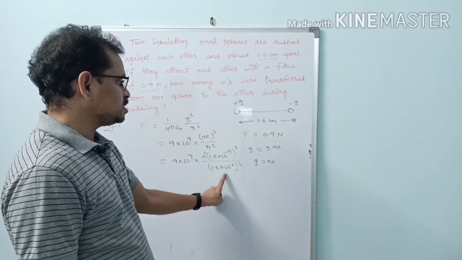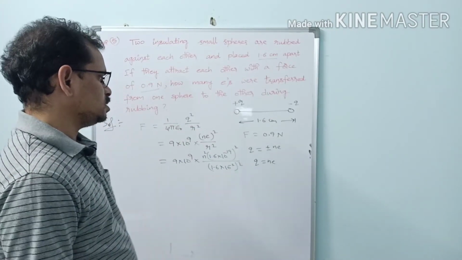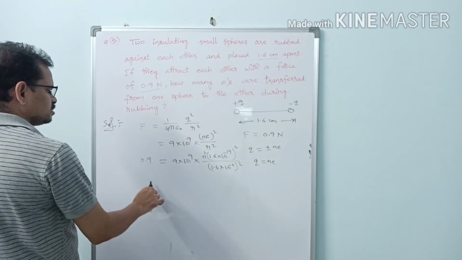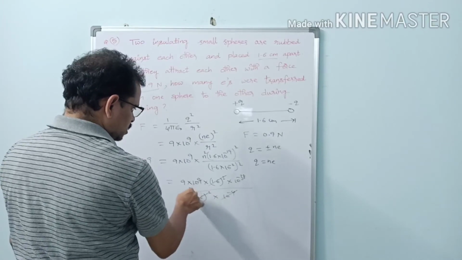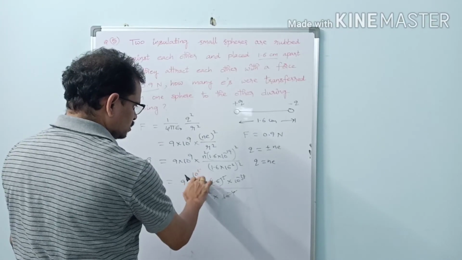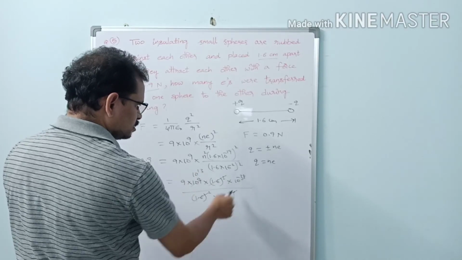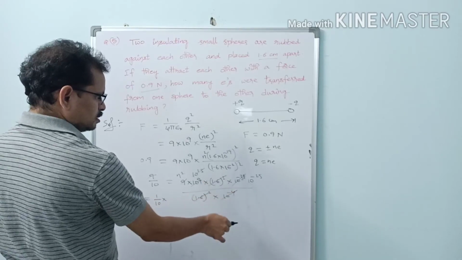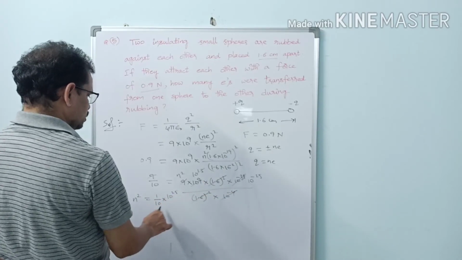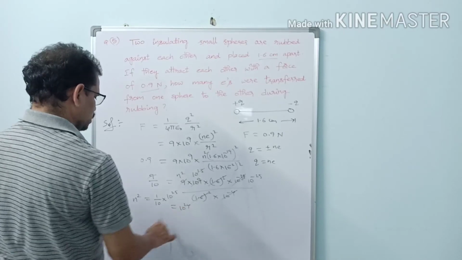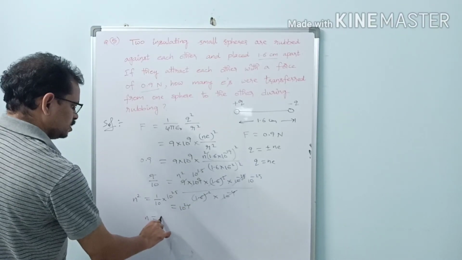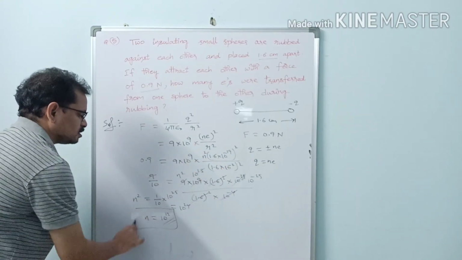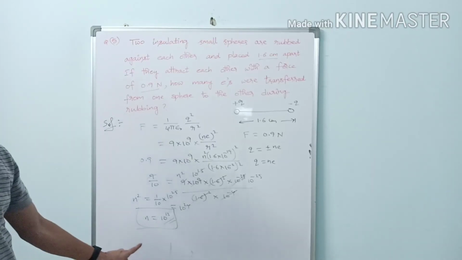F equal to 0.9. Solving this, we get N square equal to 10 power 24. Therefore N equal to 10 power 12. So the number of electrons transferred is N equal to 10 power 12.